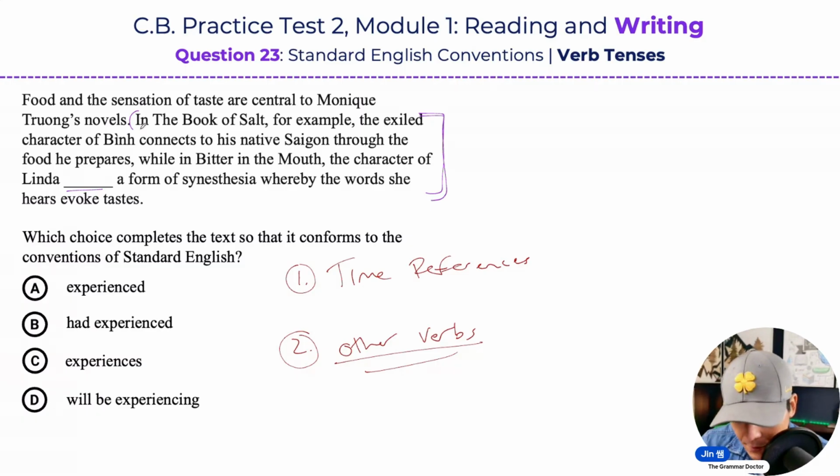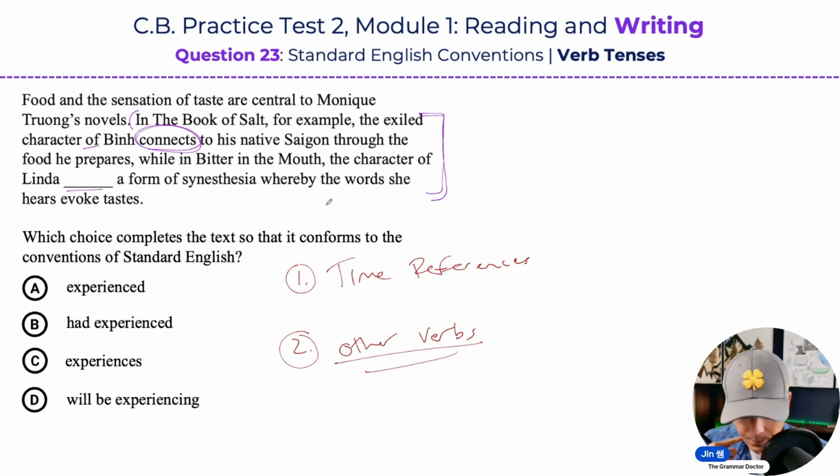It says, in the Book of Salt, for example, the exiled character of Bình connects. Oh, connects is a present tense verb. So this character connects to his native Saigon through the food he prepares. While in Bitter in the Mouth, the character of Linda experiences a form of synesthesia whereby the words she hears evoke taste.